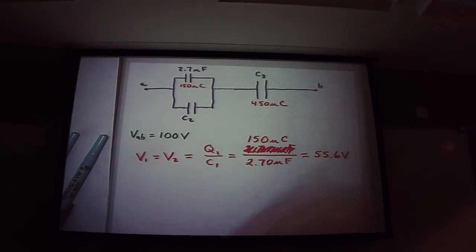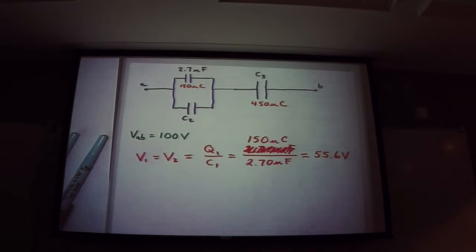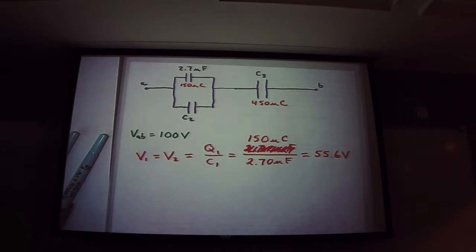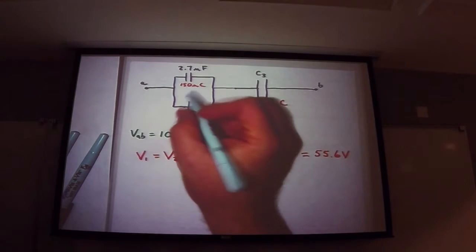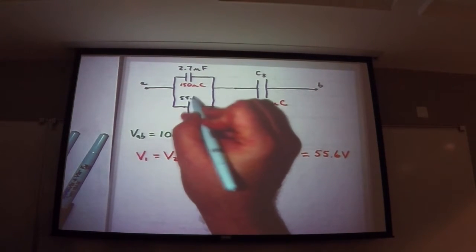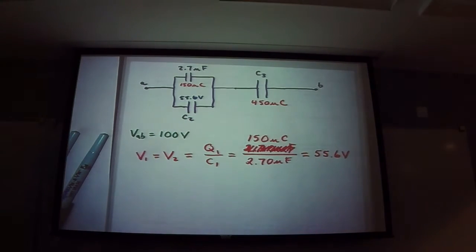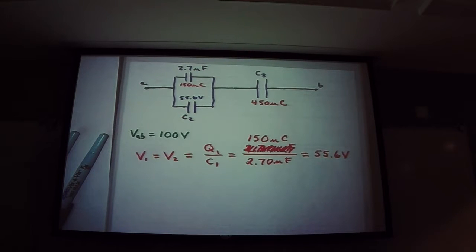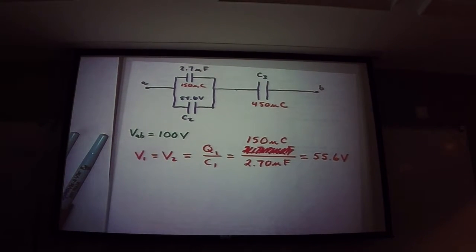volts. Okay? So now that we know that this has 55.6 volts on it, I know that C2 has to have 55.6 volts. Did everybody see that one? Okay. All right, now, how about the charge on this?